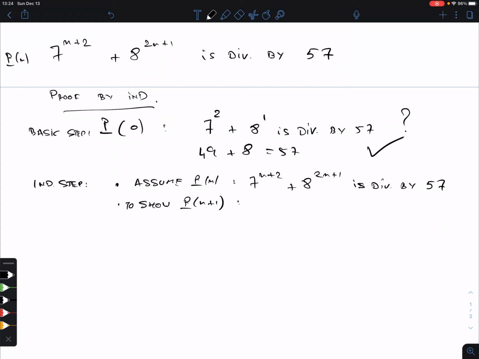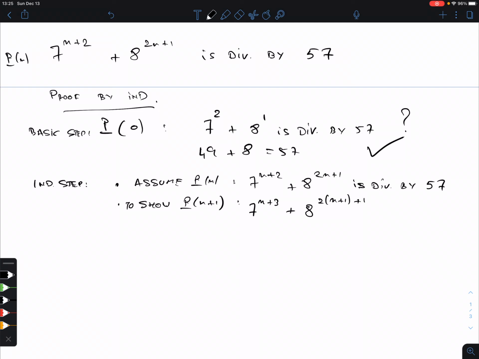It's good practice to write this out now for n plus 1. That means in this expression I replace n by n plus 1. It's clear what the new exponent of 7 becomes: n plus 1 plus 2, n plus 3. Now be careful, here we have 2 times. So this exponent here is 2 times n plus 1, plus 1.